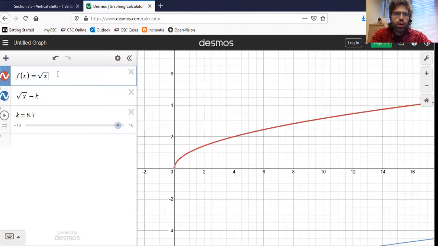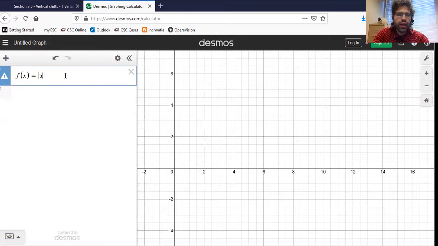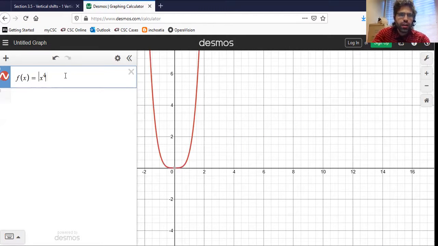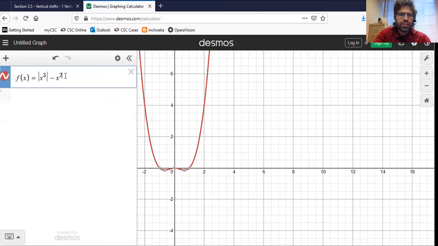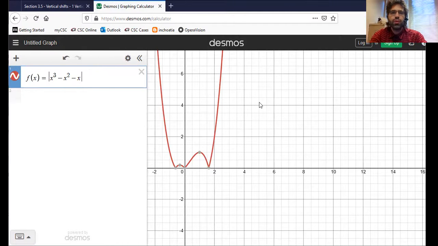And however complicated this function is, the absolute value of x cubed minus x squared minus x, I wanted that entire thing inside the absolute value.